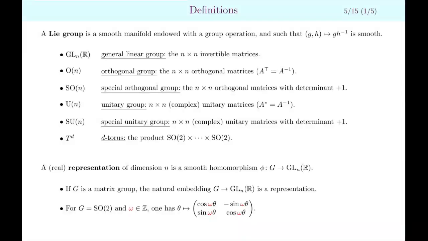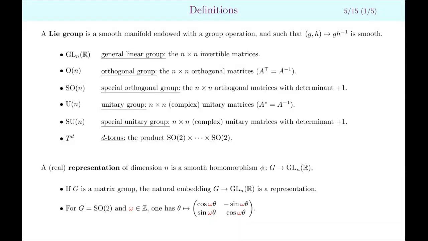Now a representation of a group is a homomorphism from the group to some general linear group. You can notice that all the groups here are actually matrix groups, which means that they are defined as a subgroup of matrices.